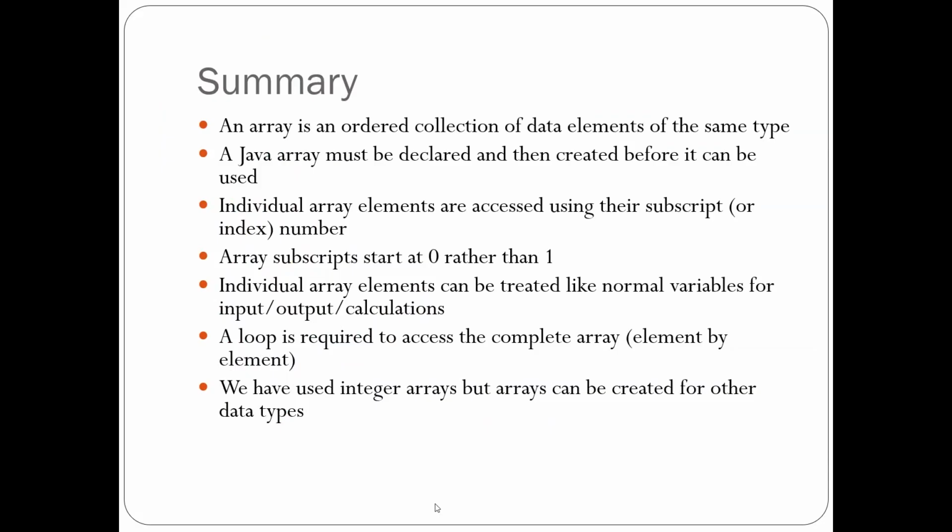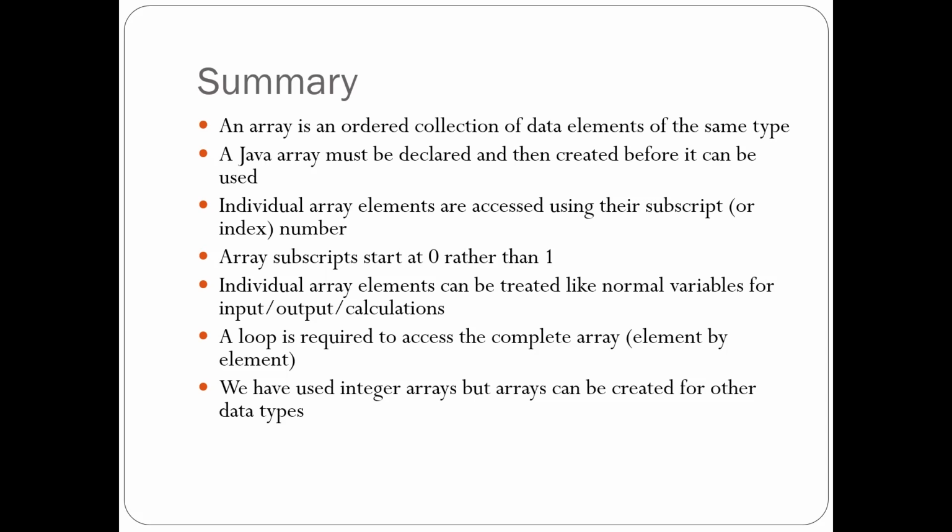Nice. We've looked at arrays, how they're declared and how they're created, and how we use array subscripts or array indexes to access individual elements of an array. One thing I will tell you is you might declare an array with 10 elements, but just remember that those elements start at 0 rather than 1.